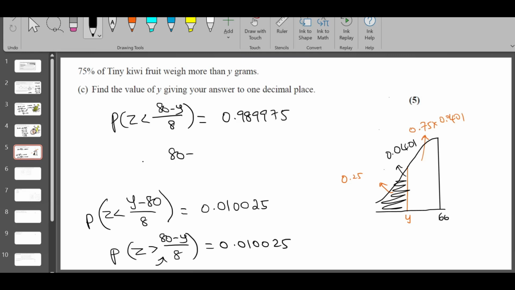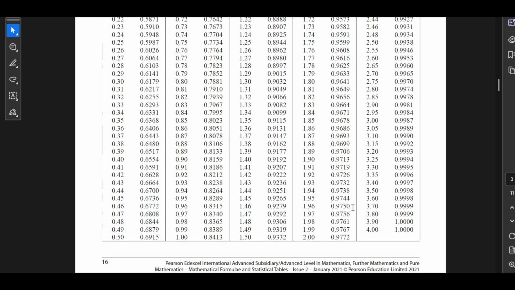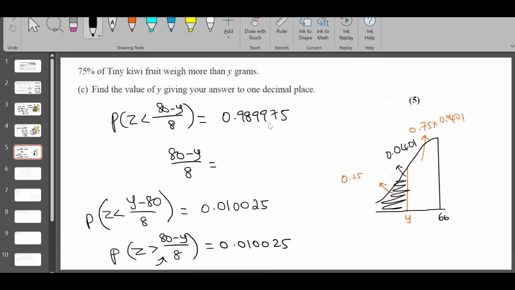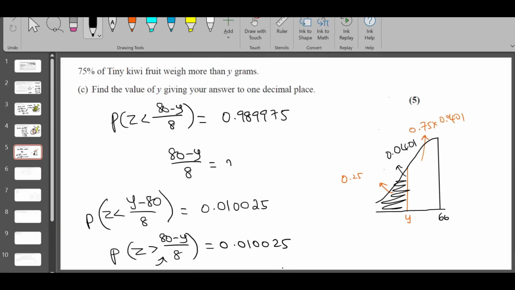So 80 minus y over 8 is equal to, I'm going to use a bigger table and look for the value 0.99 when you round it to decimal place, or 9899. We have 9898 here, that's the closest value, I guess. We have 989975. So in the table we have 9904. 2.32 is the closest value, so it's 2.32.